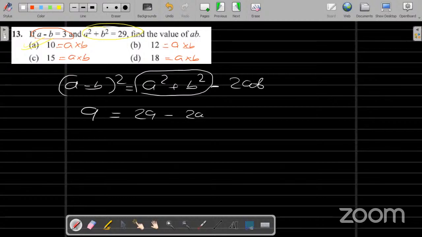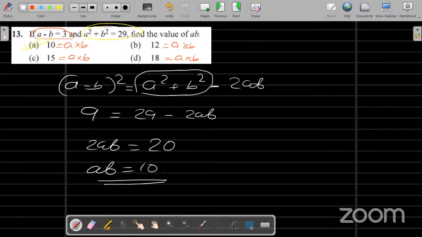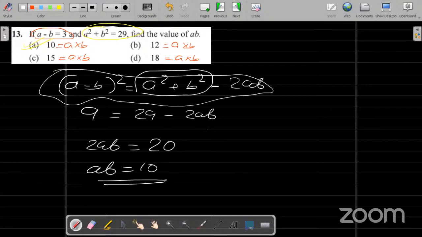So 9 equals 29 minus 2ab. That gives you 2ab equals 29 minus 9, 20, or ab equals 10. That is a proper way of solving the question, which also is not lengthy. So no need to write the formula, just apply it like this, 9 equals 29 minus 2ab, from which you'll get the value of ab.